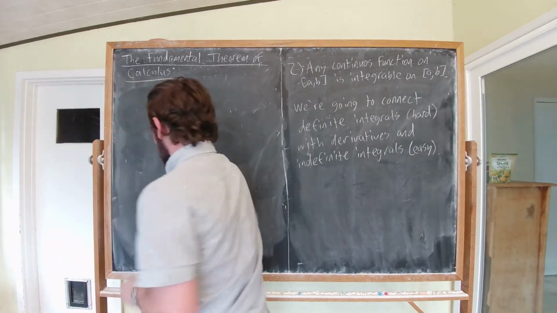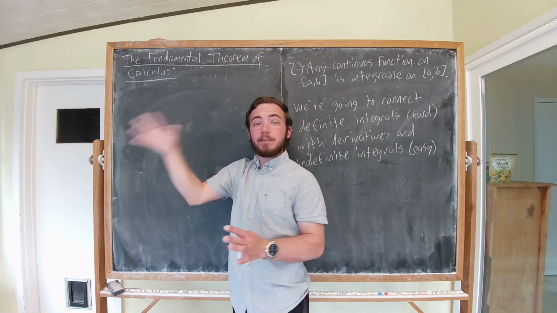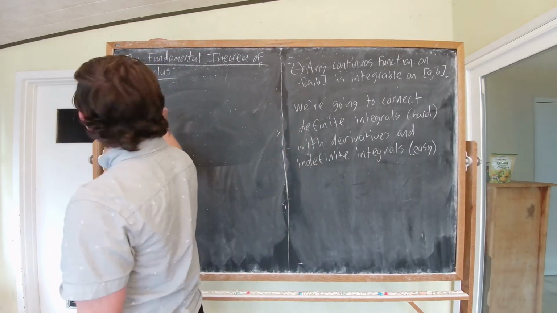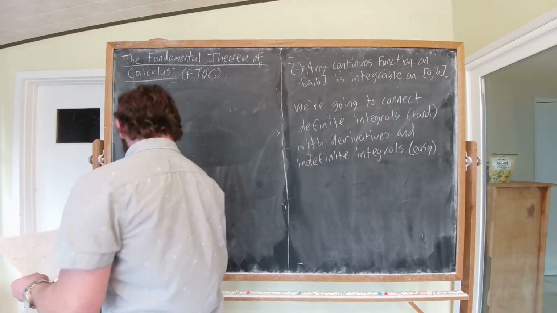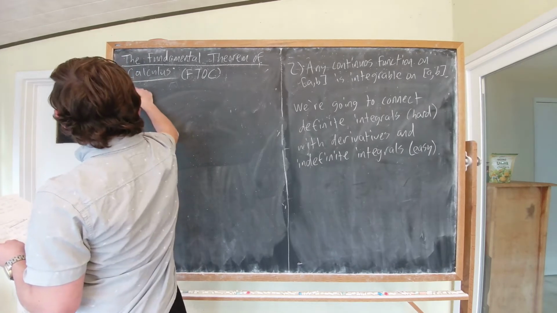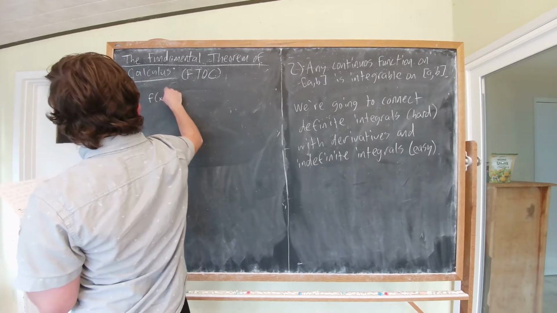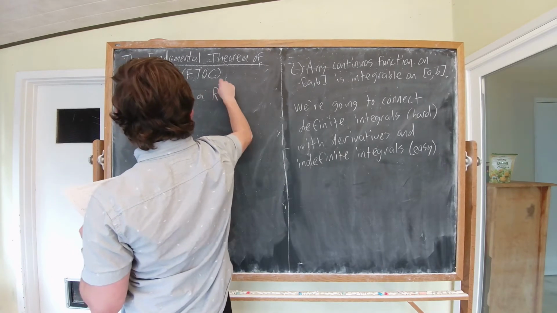Which I guess I can just leave this up here. This will be the fundamental theorem of calculus, which I will sometimes abbreviate as FTOC. The theorem states, let f of x be a Riemann integrable function.